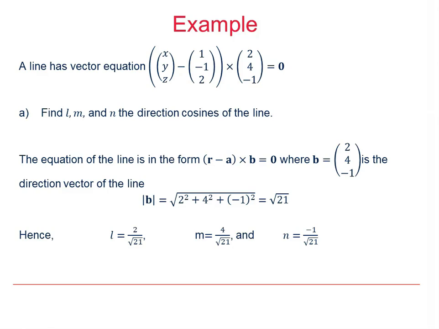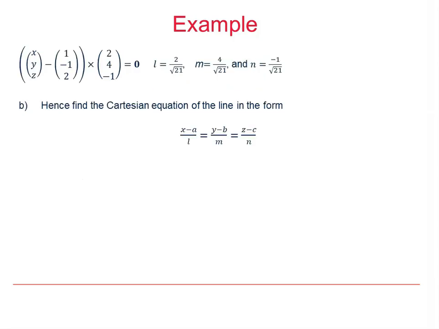Now once we've got those, we can work out the Cartesian equation. We want it in the form x minus a over L equals y minus b over m equals z minus c over n, where L, m and n are the direction cosines we've just found.